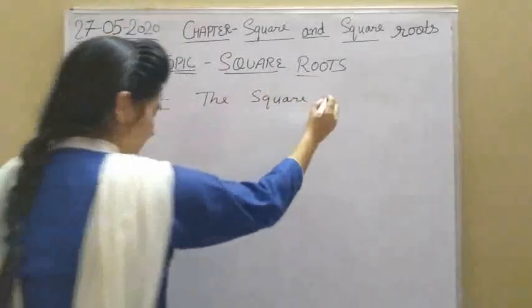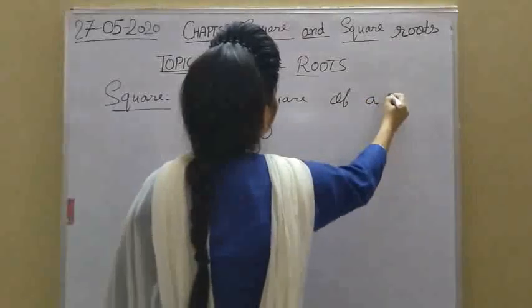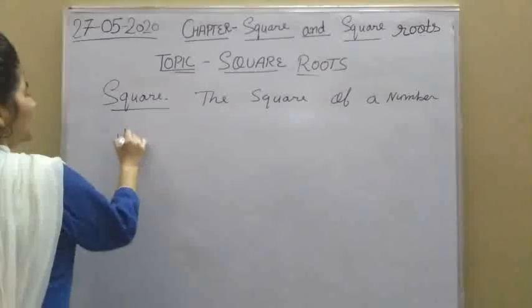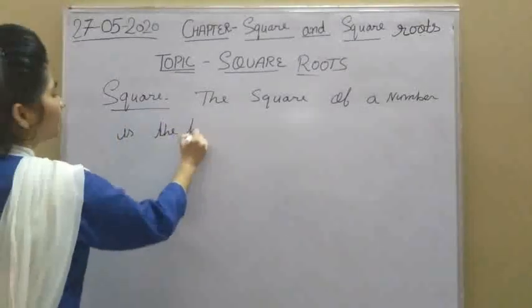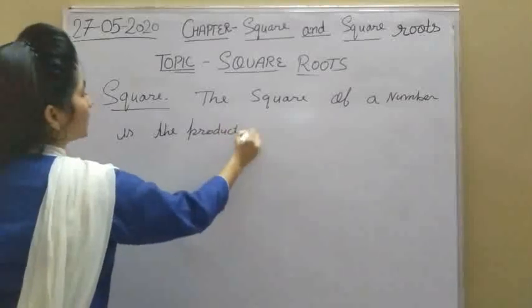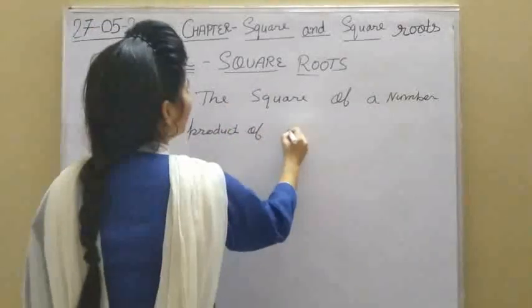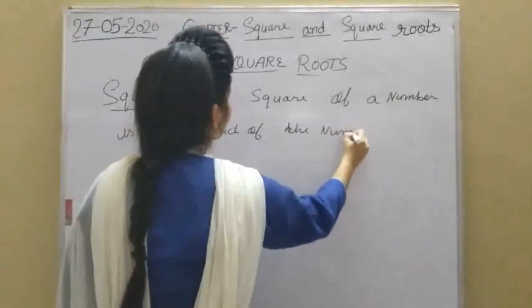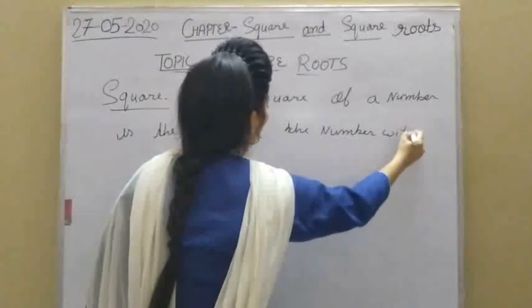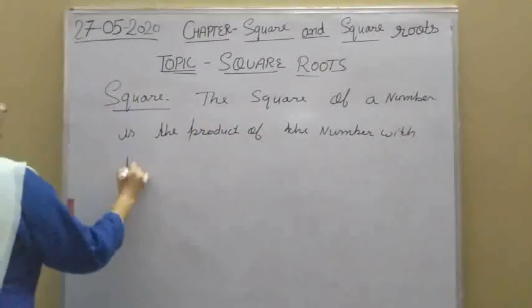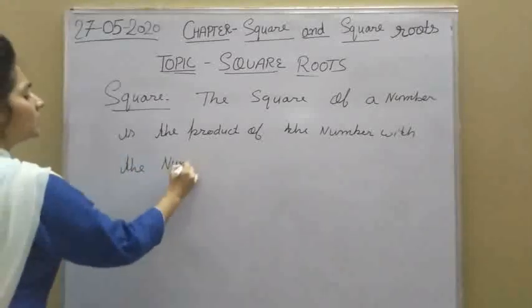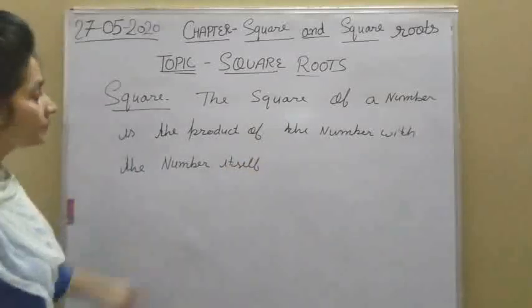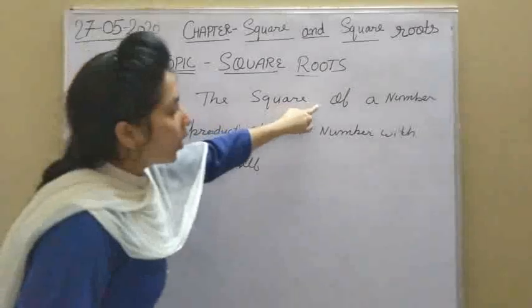The square of a number is the product of the number with the number itself.